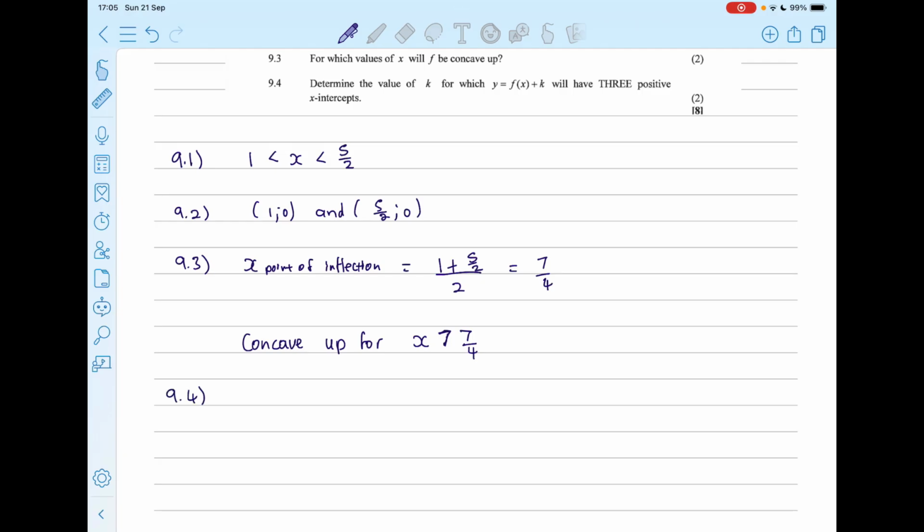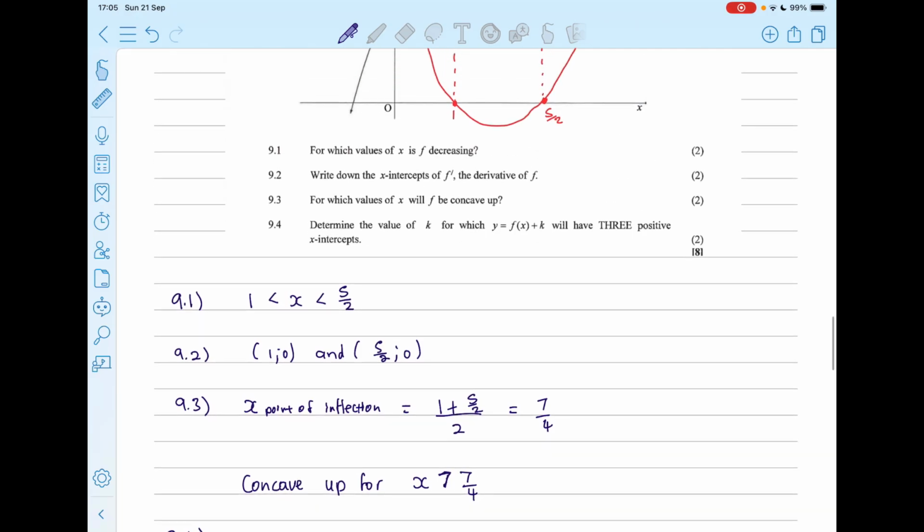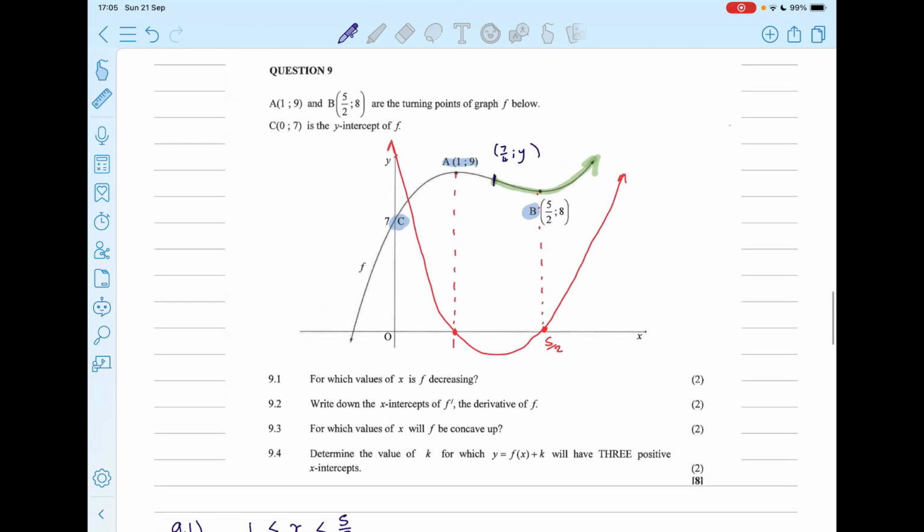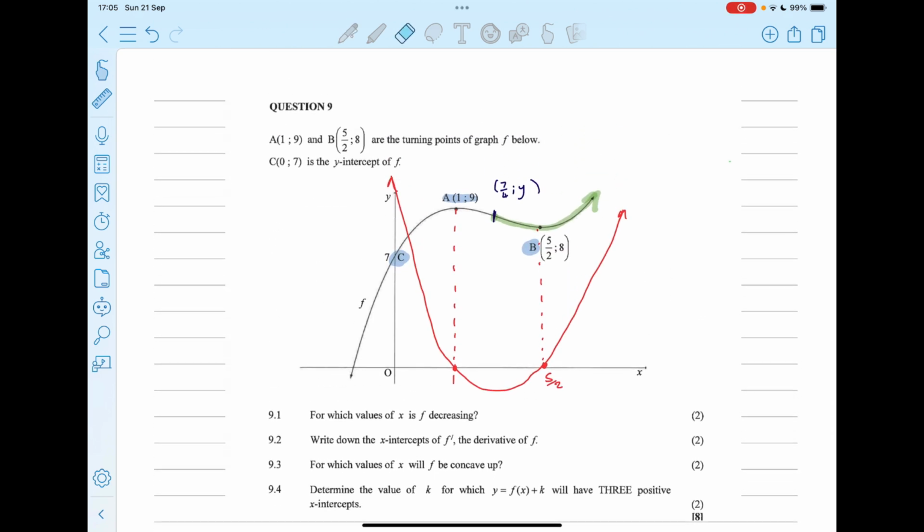Moving on to 9.4, we were asked to determine the value of k for which y is equal to f of x plus k will have 3 positive x-intercepts. Okay, so let's first erase this, which was for the first derivative, because we don't need it anymore.